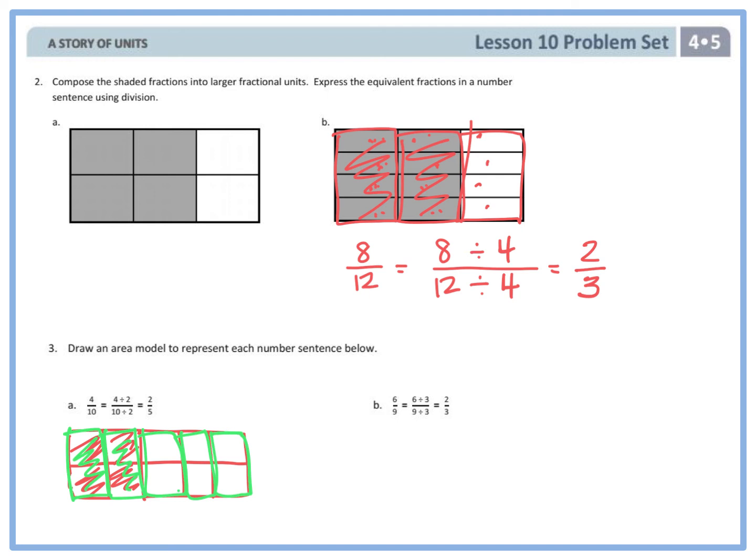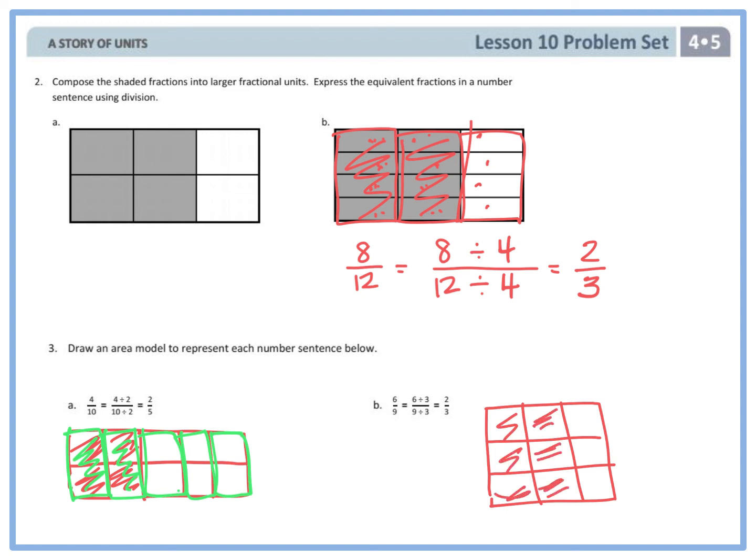This next one we're doing 6/9. So I think I'll do 3 and 3. And I've got 6/9 shaded, okay? 6 of my 9.